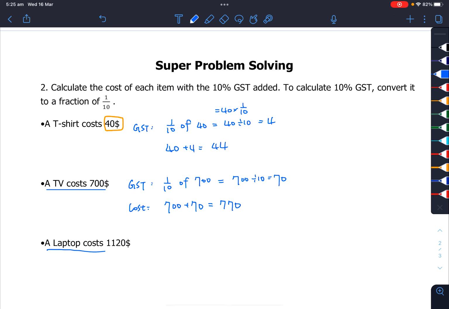A laptop costs 1,120. Therefore, the GST will be 1/10 of 1,120, so equal to 112. Then the cost will be 1,120 plus 112. So equal to 1,232.